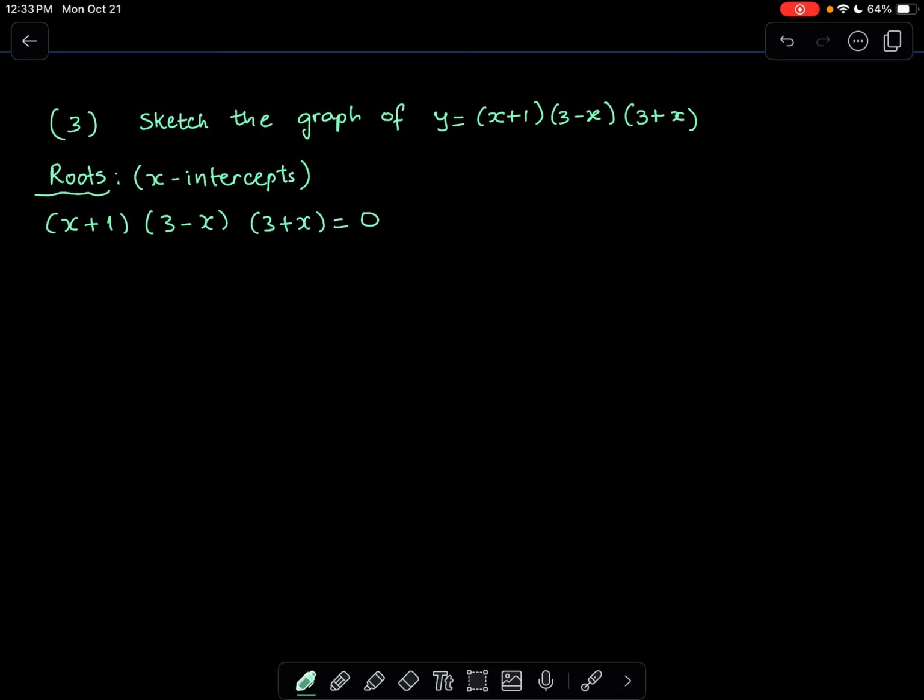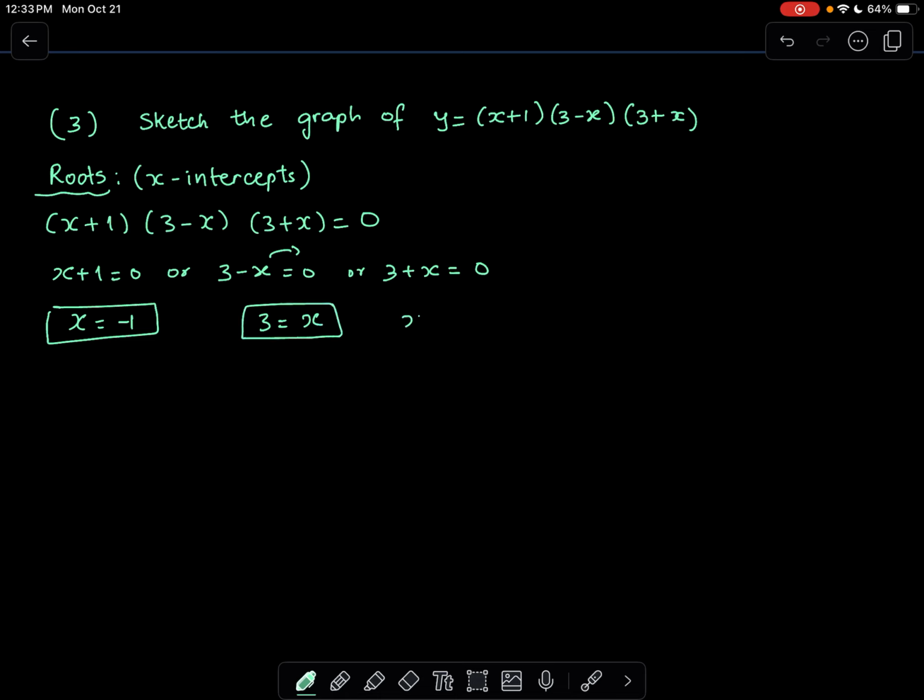Now, each bracket is equal to 0. That gives me x is -1, x is 3, or x is -3.